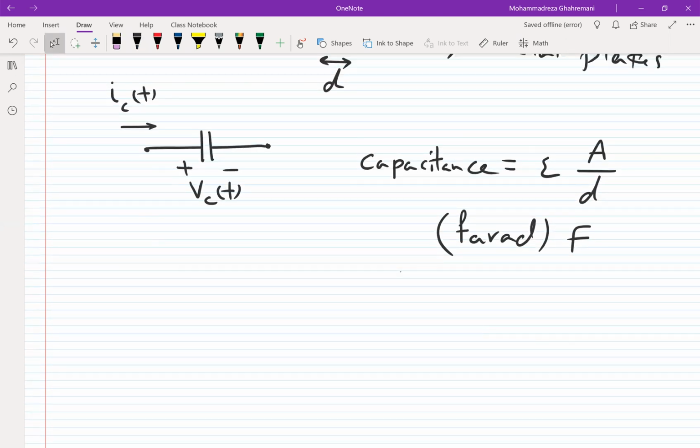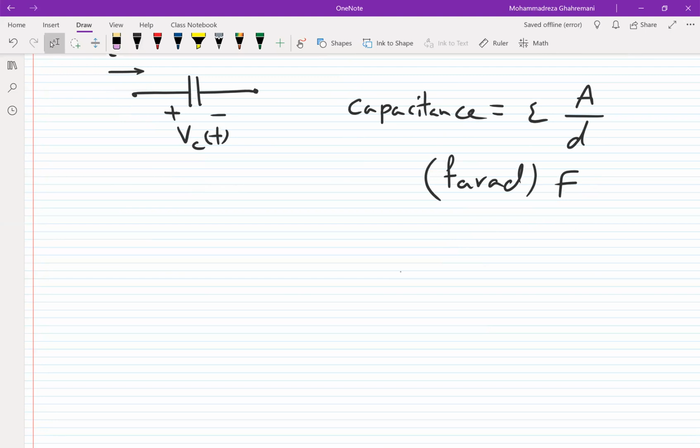Now, what is the relationship between current and voltage in a capacitor? Because for all passive elements, even for active elements, we are always looking for the relationship between the current and voltage in a circuit. In a capacitor, the current is the derivative of the voltage.